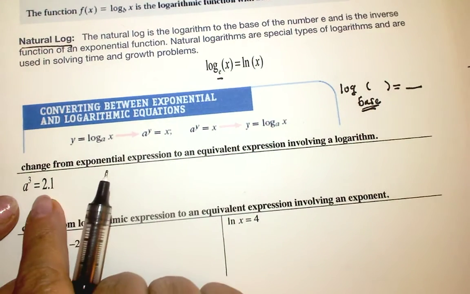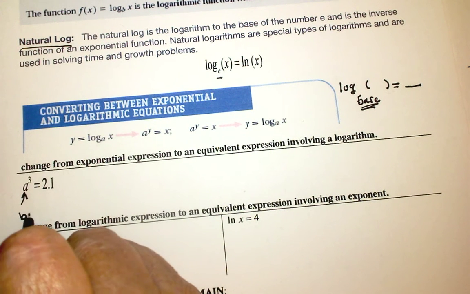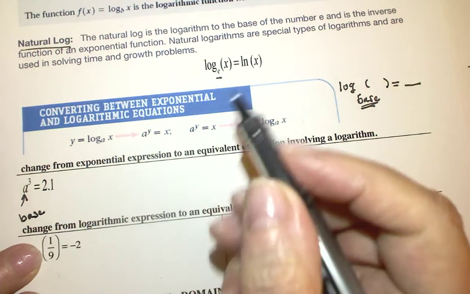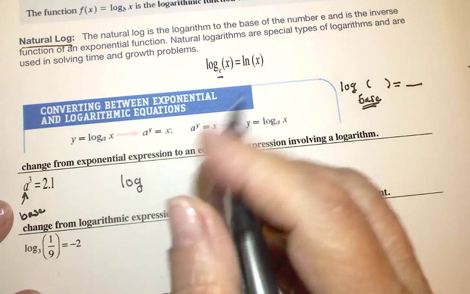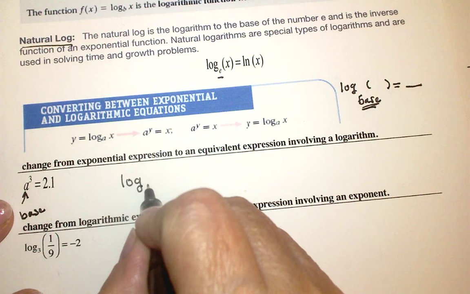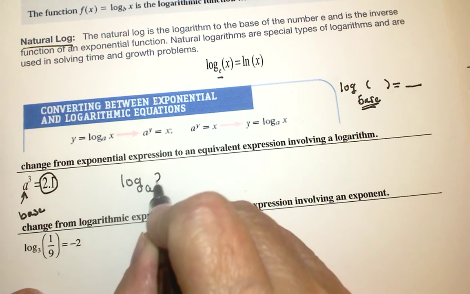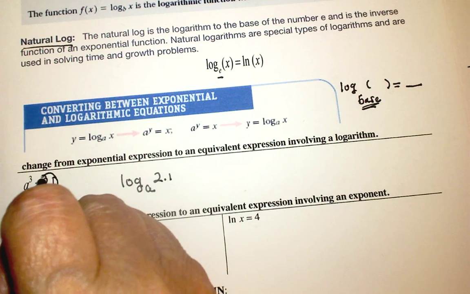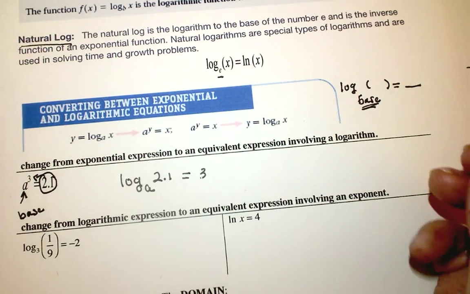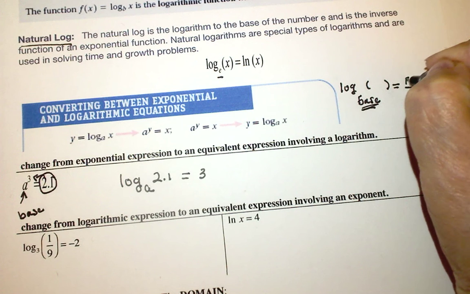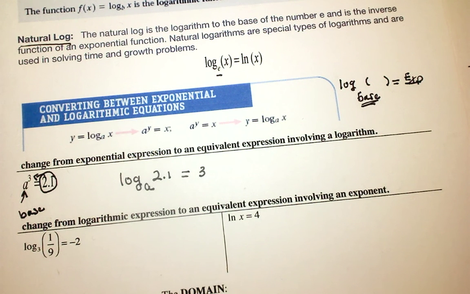The base is a. So this says that you have log base a, you're taking 2.1, and you're returning it to 3. The log is an exponent.